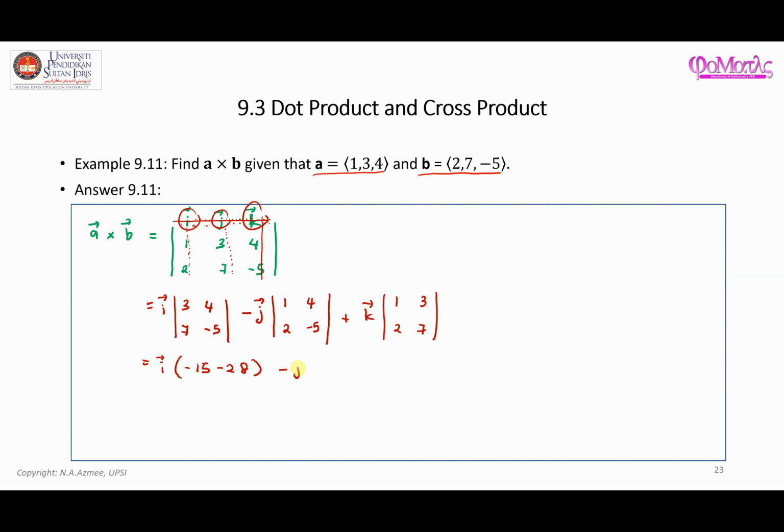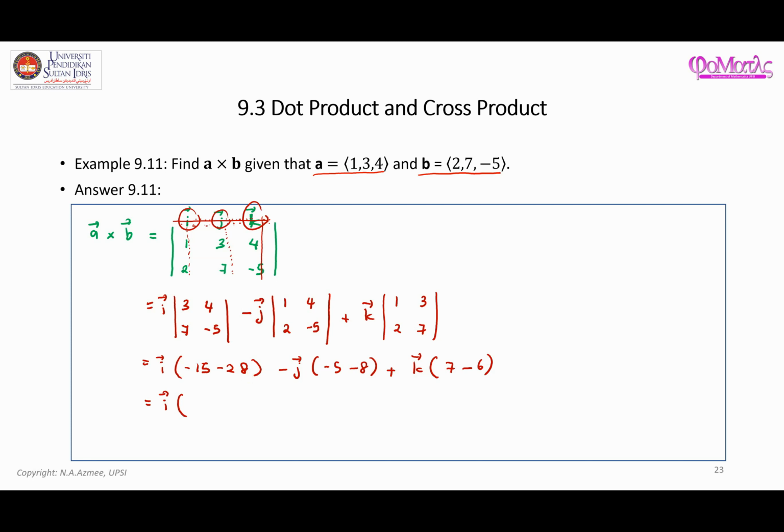Okay, this one minus vector J, negative 5 minus 8, plus vector K, so 7 minus 6, and you can simplify that.